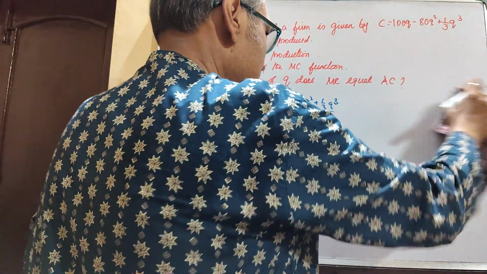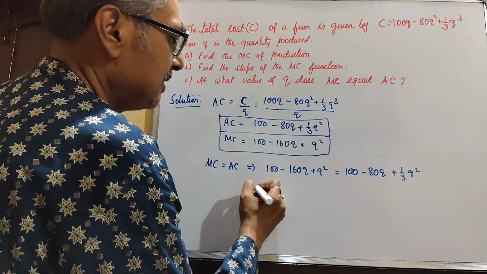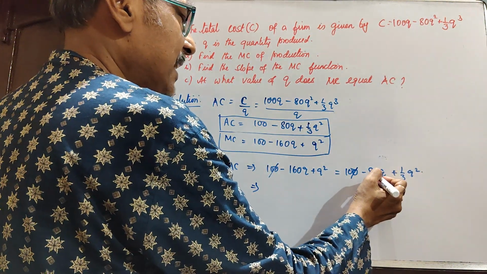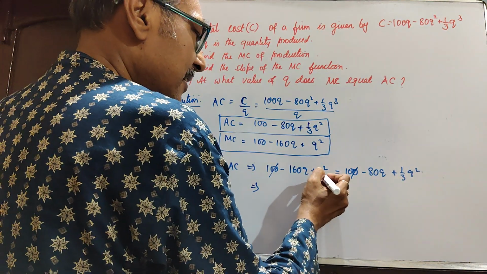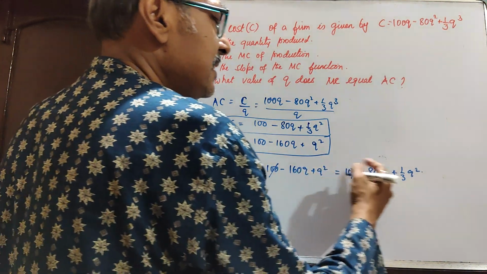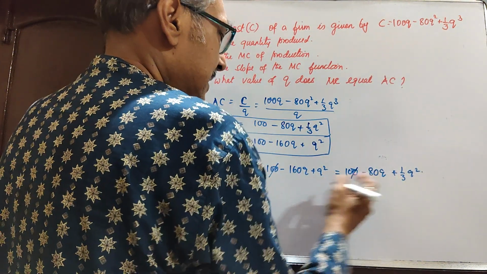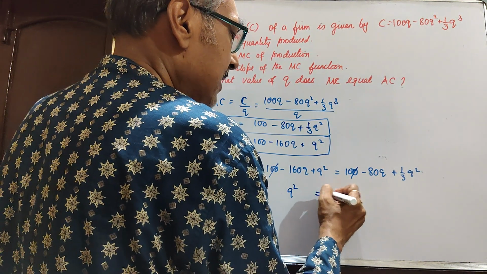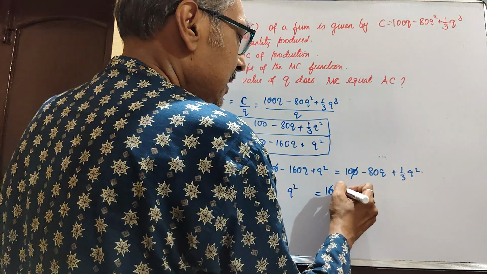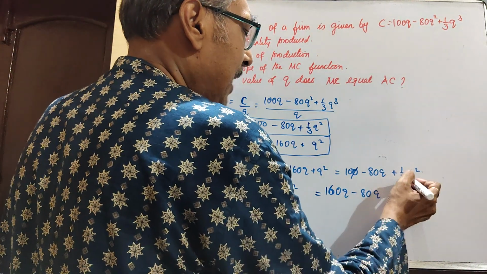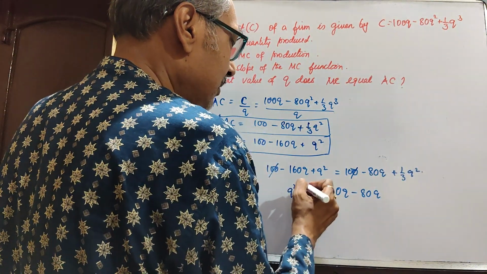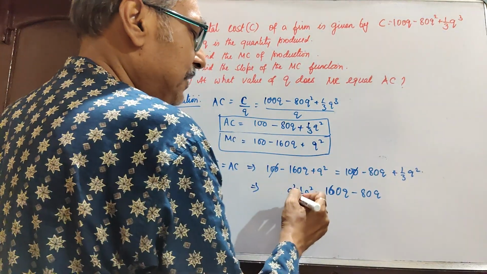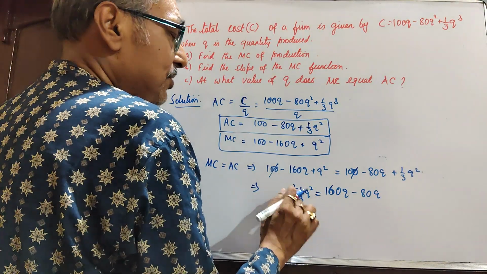We don't require this, therefore I am erasing this. 100 gets cancelled. We take this minus 160Q on the right hand side. That is, Q squared equals 160Q minus 80Q, and this 1/3 Q squared comes on the left hand side as minus 1/3 Q squared.